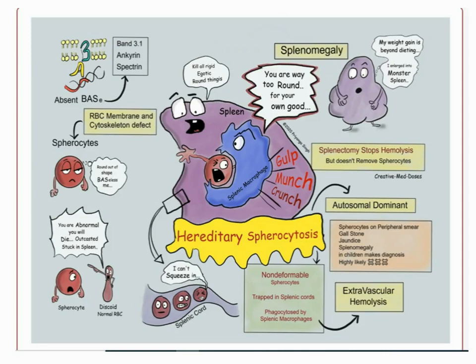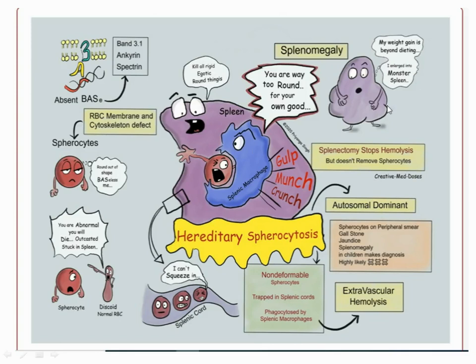In the case of spherocytosis, the patient has spherocyte-like RBCs. They are stuck in the spleen, leading to enlargement of the spleen, splenomegaly.